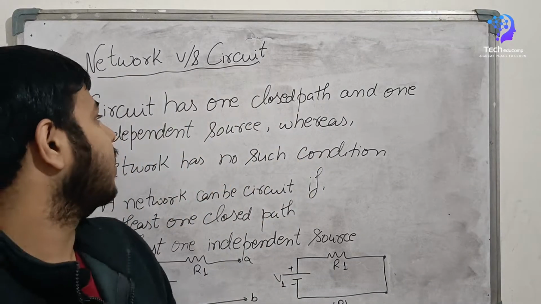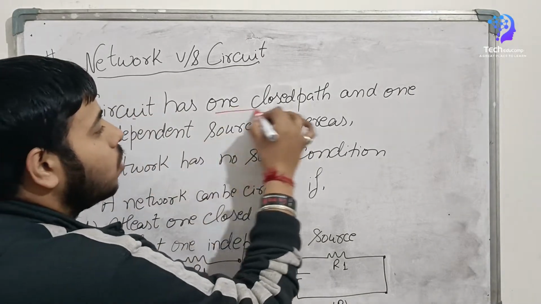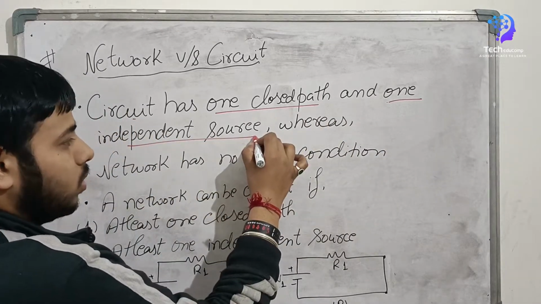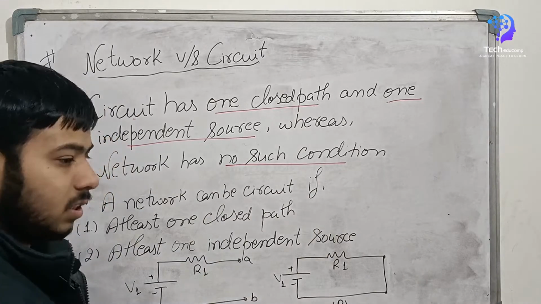The main difference between a network and a circuit is that a circuit has at least one closed path and one independent source, whereas a network has no such conditions.